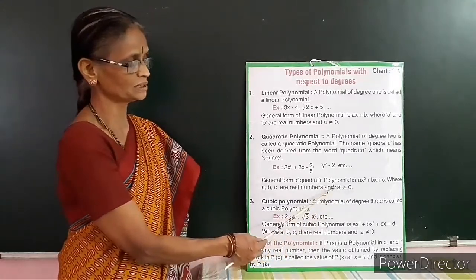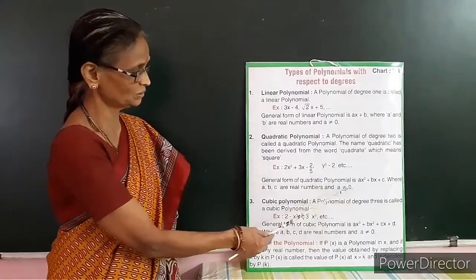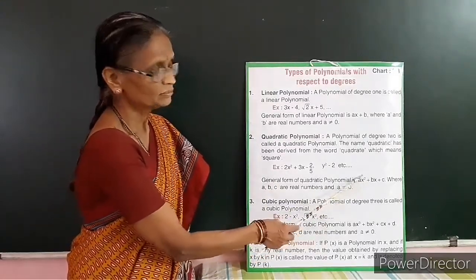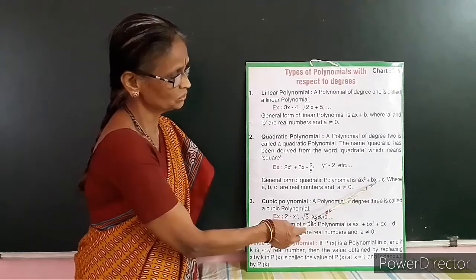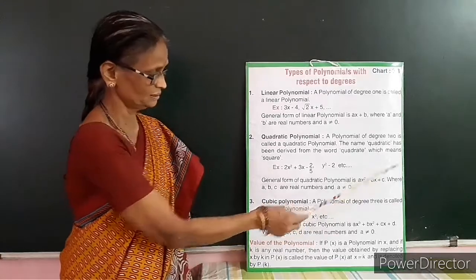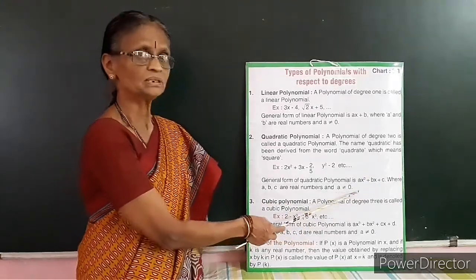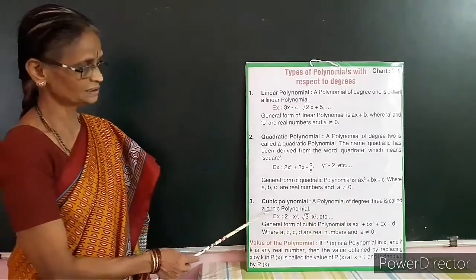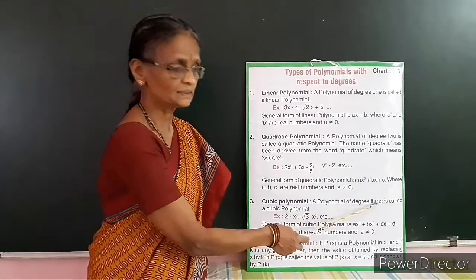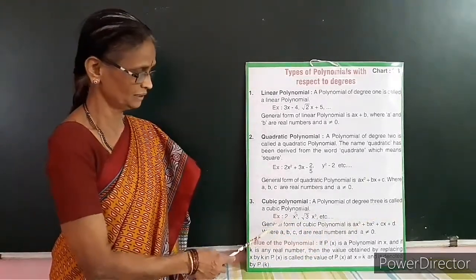General form of the quadratic polynomial is ax square plus bx plus c, where a, b, c are real numbers and a is not equal to 0. The important concept is a is not equal to 0. If a is equal to 0, the first term becomes 0. It leaves only bx plus c, which is a linear polynomial. So the important concept is a is not equal to 0. Then third one is cubic polynomial. A polynomial of degree 3 is called a cubic polynomial.